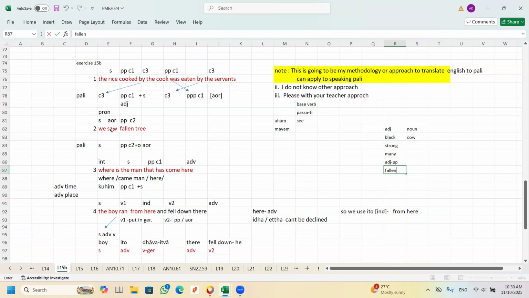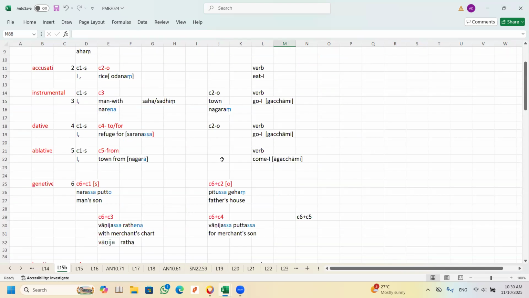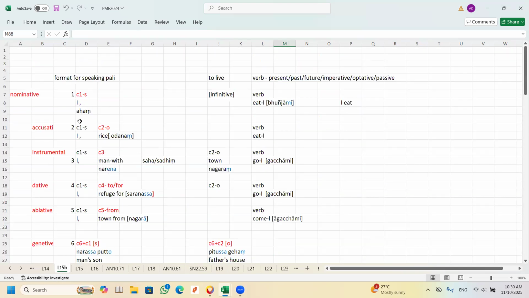Pali has to be subject, okay, your adjective plus your PPP followed by the object. Your arrangement has to be this. That means you have to go back to this kind of structure.